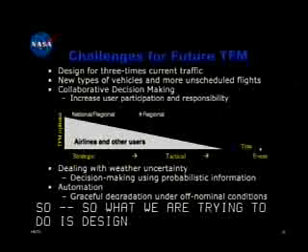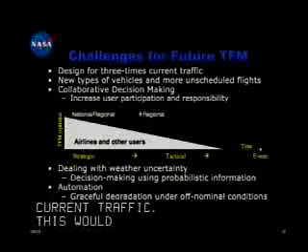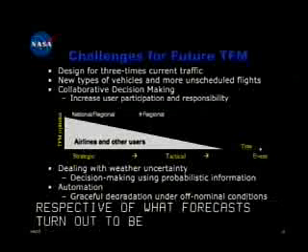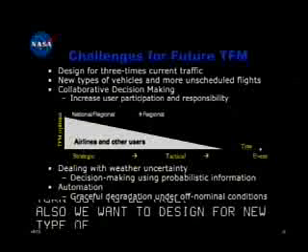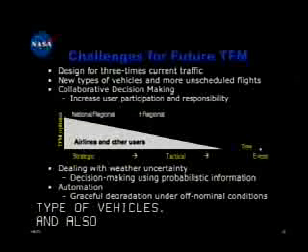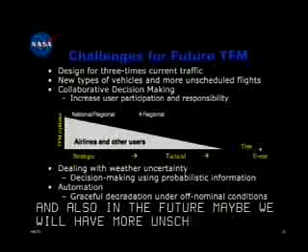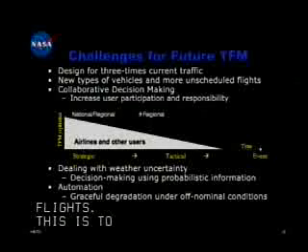This would enable us to meet irrespective of what forecast turns out to be true. And also we want to design for new types of vehicles. And also in the future, maybe we will have more unscheduled flights. This is to sort of meet on-demand air traffic service.